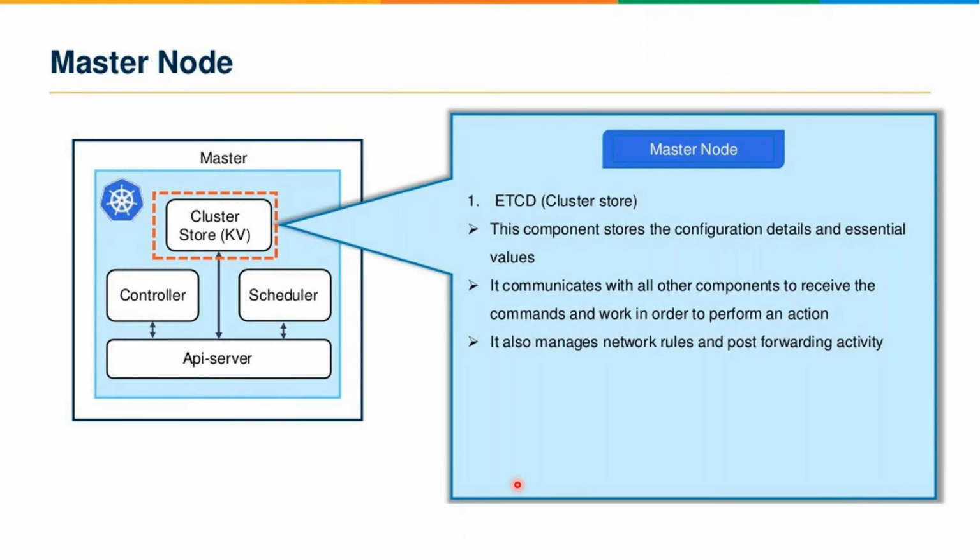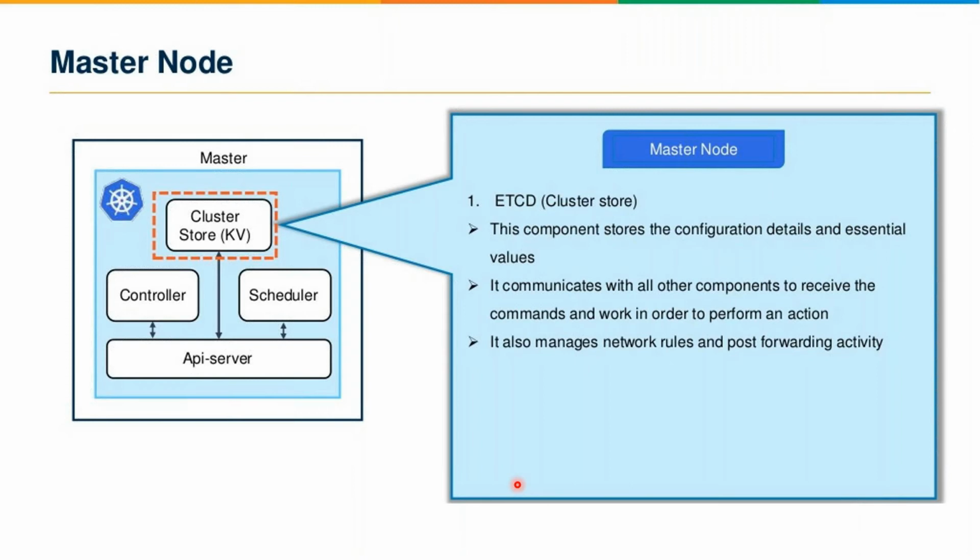First one is the cluster store, etcd. What is etcd? When we work on Linux, we find one etc folder, right? /etc. What is that etc? What are the things available in it? It is to manage configuration files. Yeah, exactly.